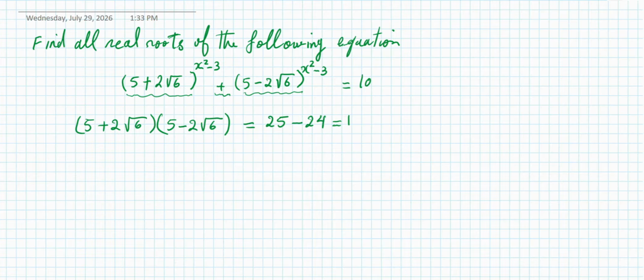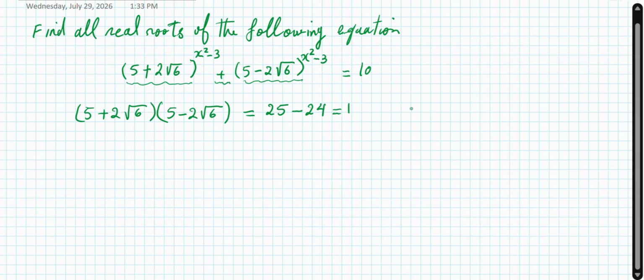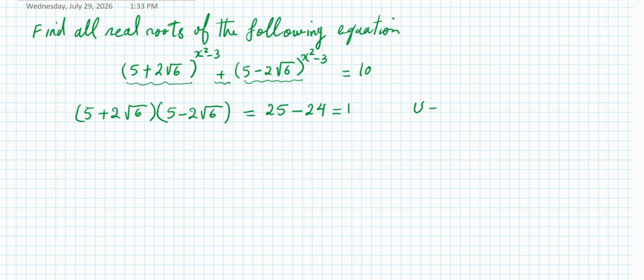And therefore, we can simplify this problem by making a change of variable, assuming that u is equal to 5 plus 2 square root of 6 to the exponent of x squared minus 3.